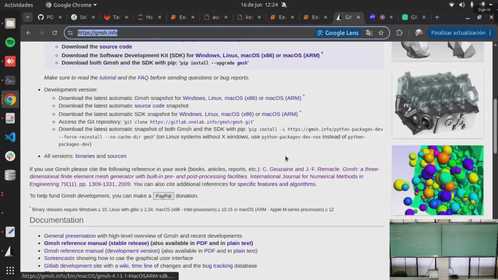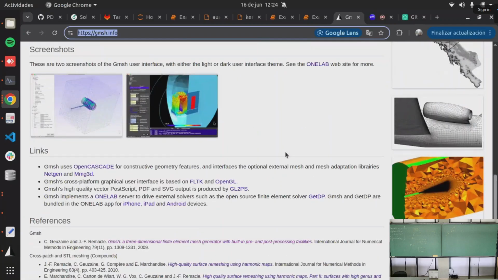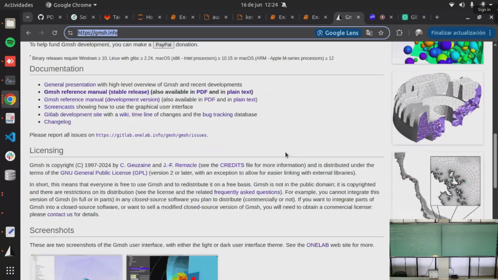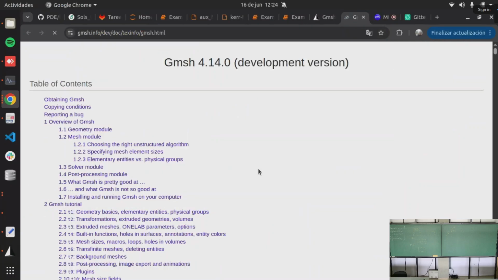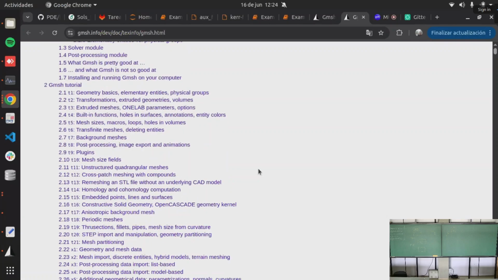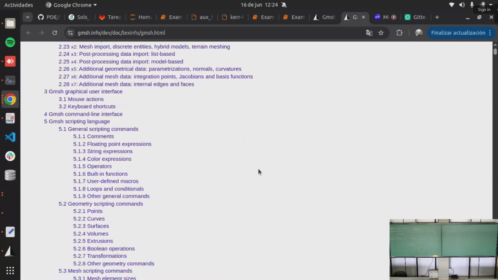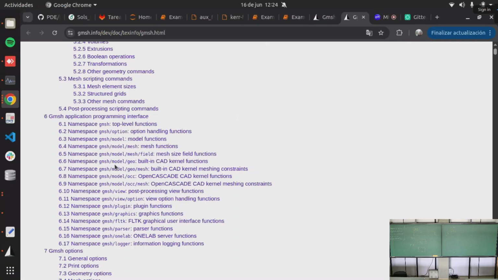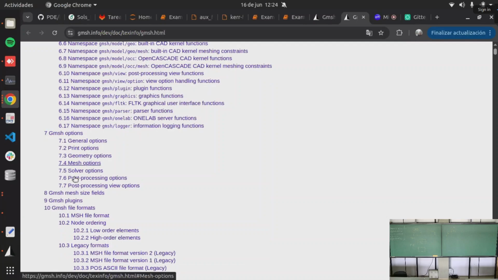I think that over here you have the tutorials. This explains all the information to build a lot of meshes, how to make the geos, the Gmsh options, and all the details.